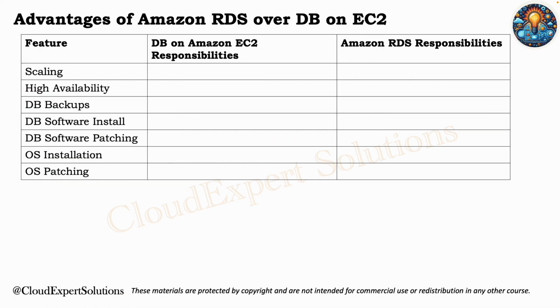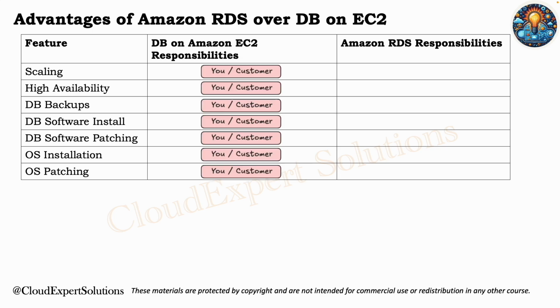Now let's review the advantages of using Amazon RDS, a managed database service, over a self-managed database hosted on Amazon EC2. When you run a database on EC2, you are responsible for everything from scaling, high availability, and OS patching to configuring backups and replication.